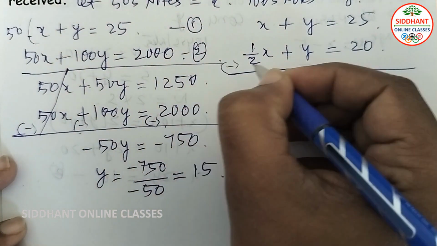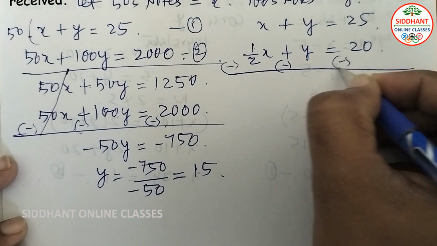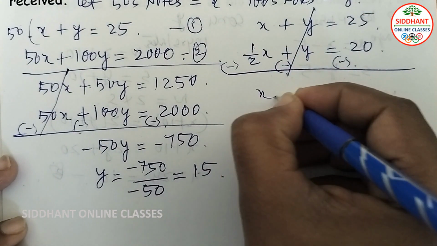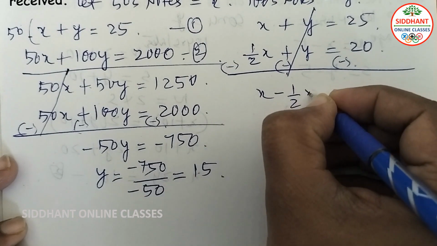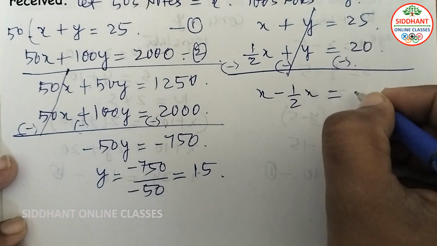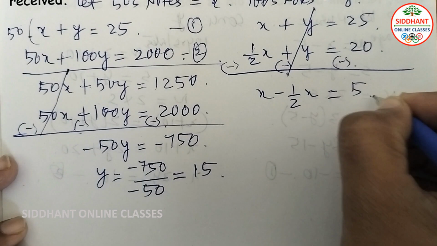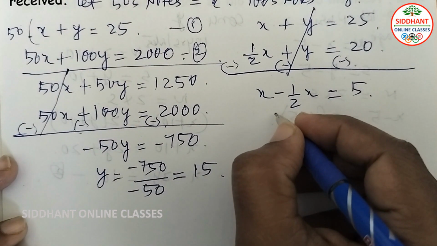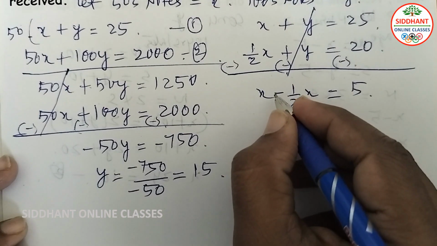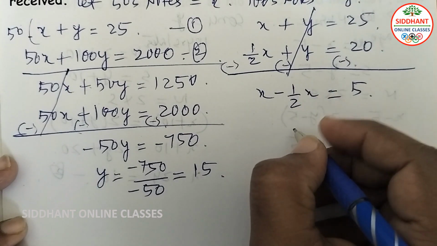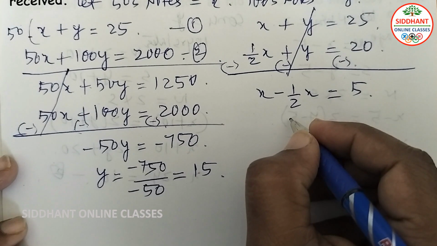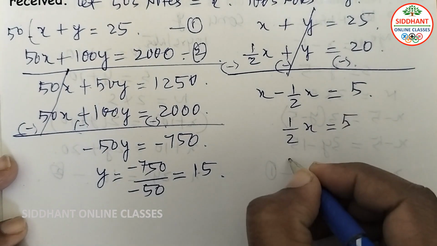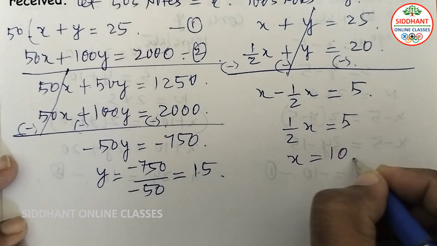Now changing the signs, y cancels, we get x minus 1 by 2 x equals 25 minus 20, which is 5. So x minus 1 by 2 x, which will be 2x minus x by 2, that is 1 by 2 x, equals 5. Now x equals 10 here.